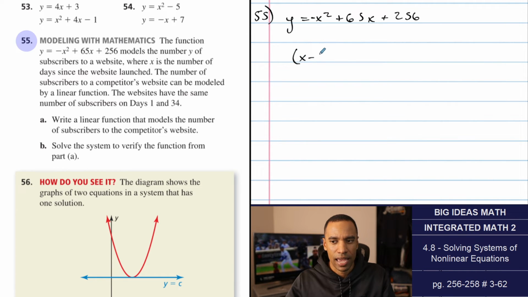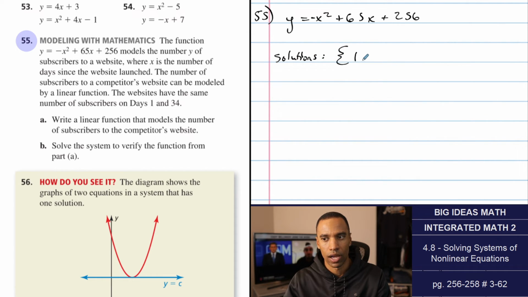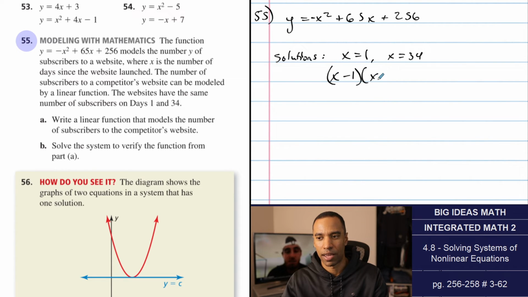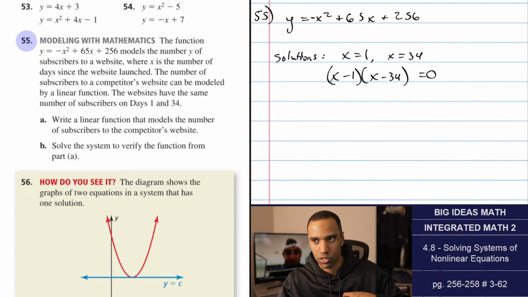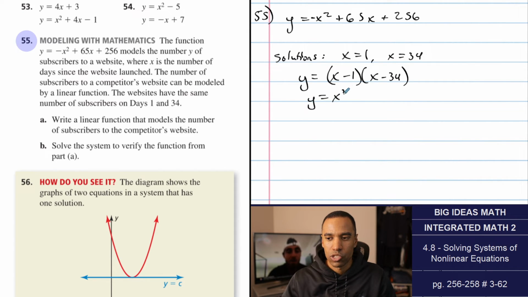So I need solutions, not solution, to be x equals 1 and x equals 34. So x minus 1 and x minus 34 need to be factors to this guy, right? It needs to look like y equals blah blah blah. So that's x squared minus 35x plus 34.